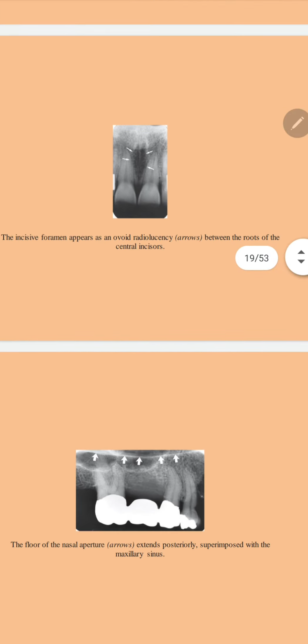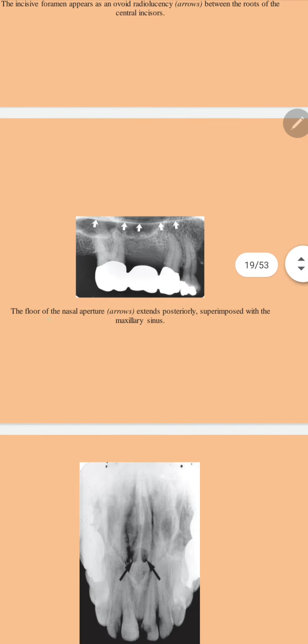Incisive foramen appears as an ovoid radiolucency between the roots of the central incisors. The floor of the nasal aperture extends posteriorly, superimposed with the maxillary sinus.